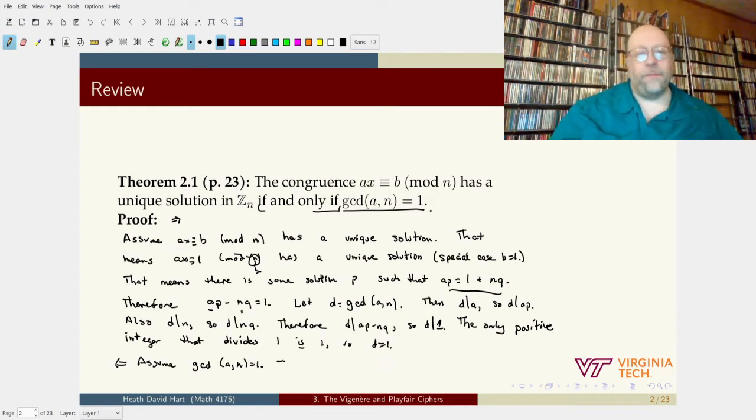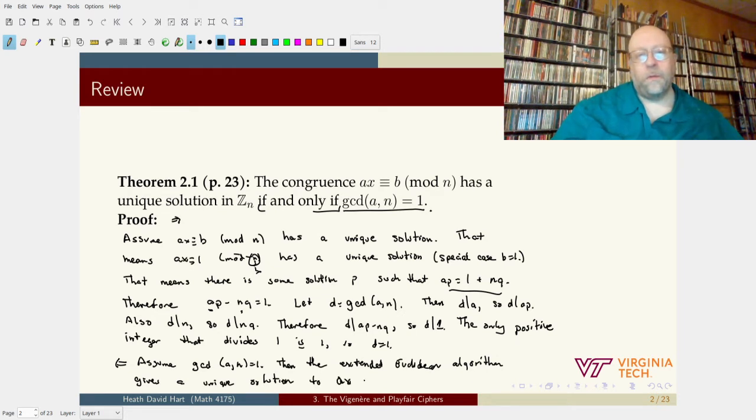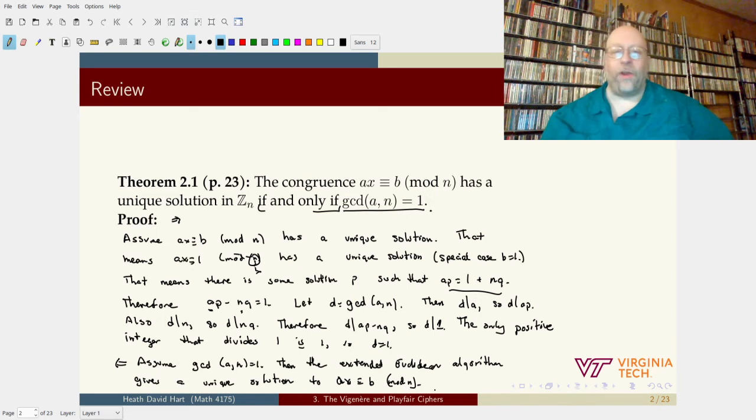Then the extended Euclidean algorithm gives a unique solution to any congruence. That direction's easy. It's the other direction that's a little hard.